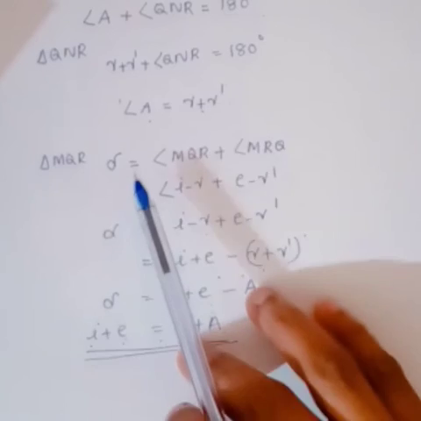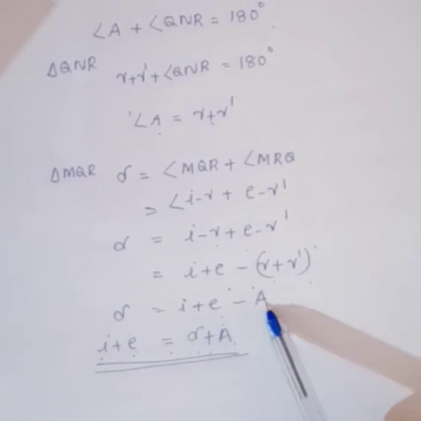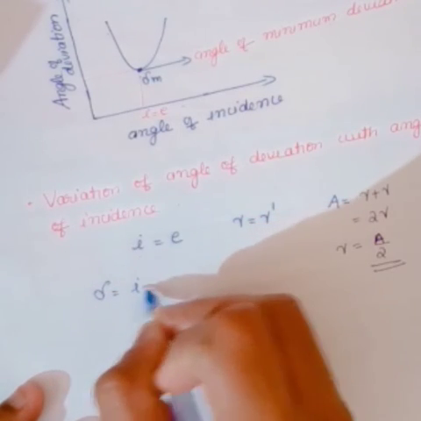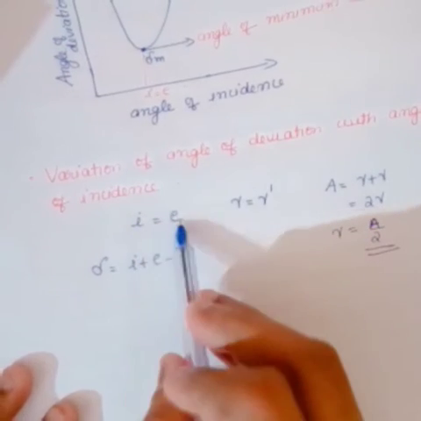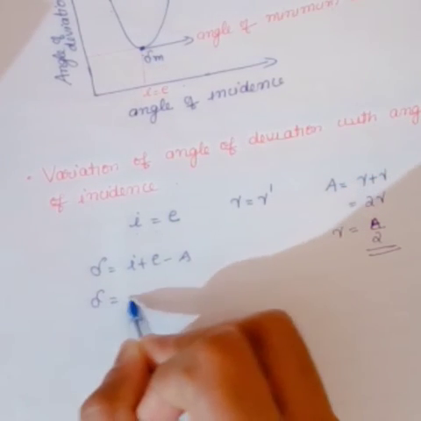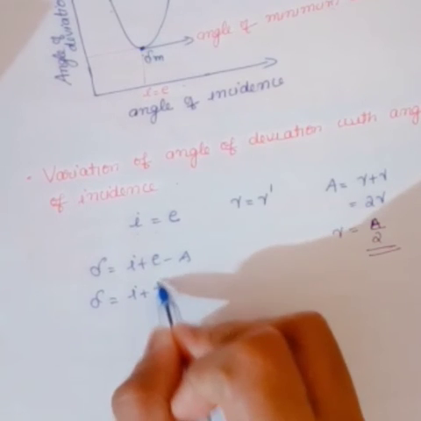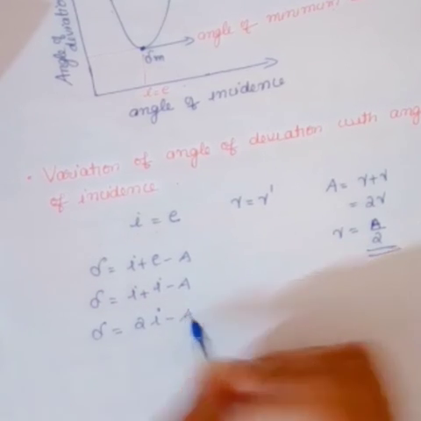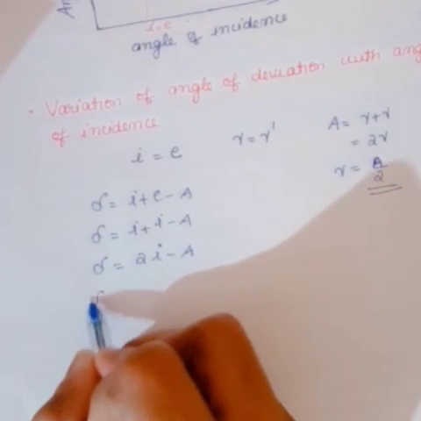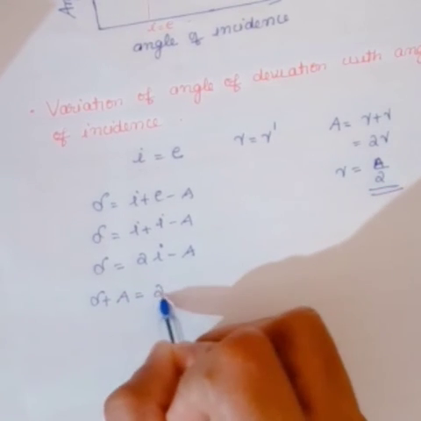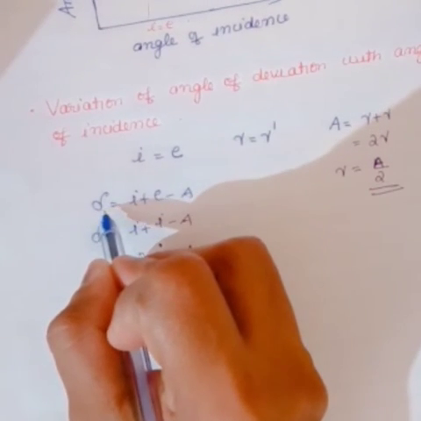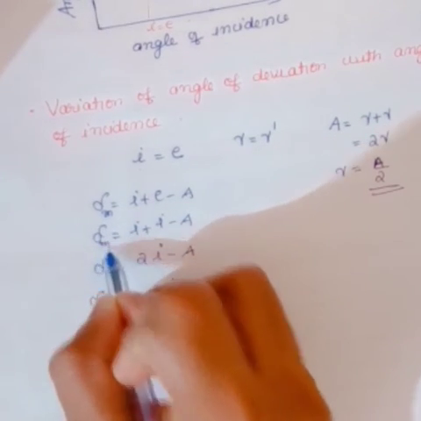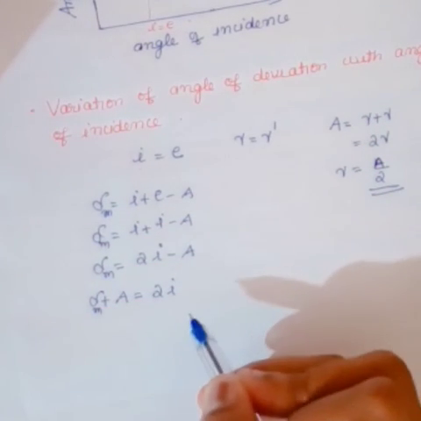You also know the relation delta is equal to I plus E minus A. Here I is equal to E, so delta is equal to 2I minus A. So delta plus A is equal to 2I. Since this is minimum deviation, it is denoted by delta M. So delta M plus A is equal to 2I.